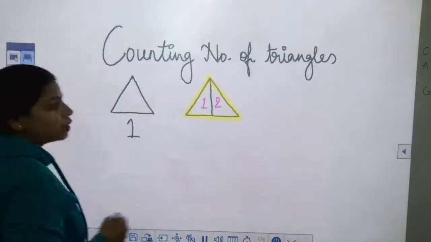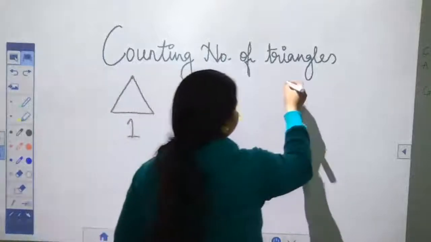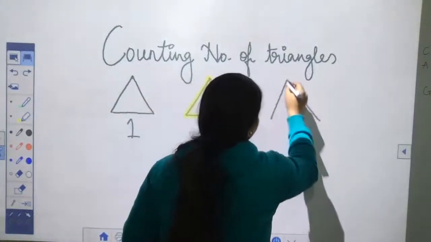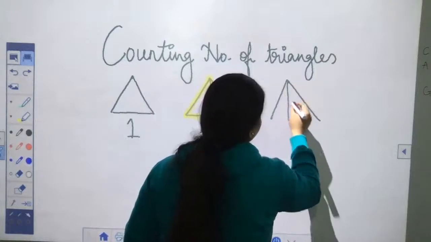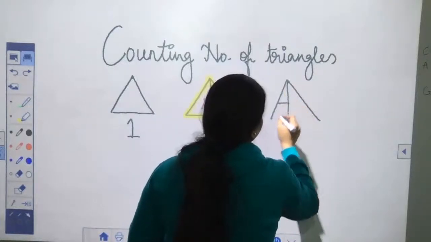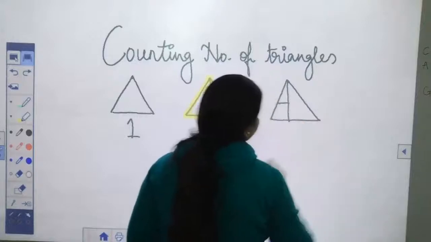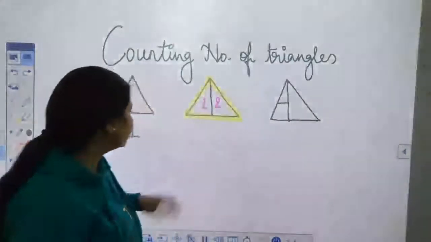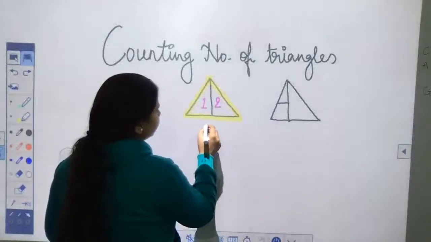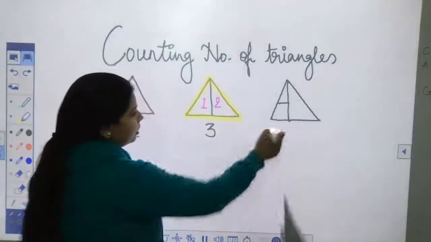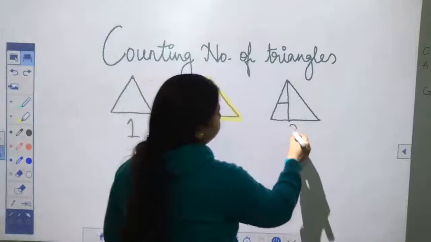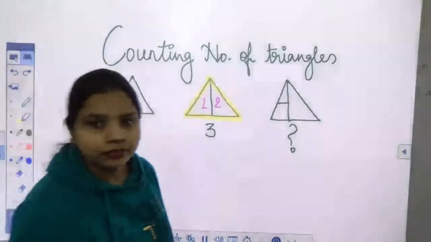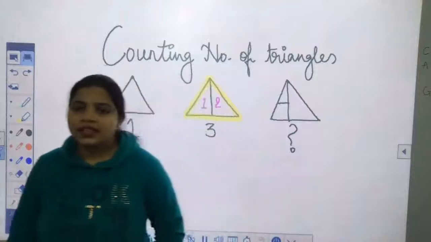Now I'll give you another question. How many triangles are there in this shape? Shape number 3. Now, how many in this? Answer me. Adhyan, Mannat.